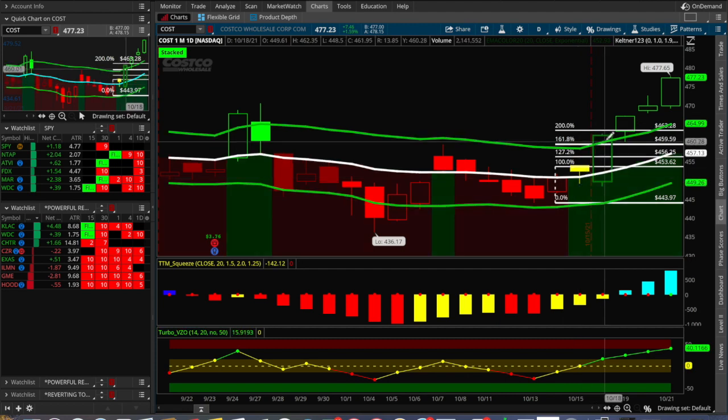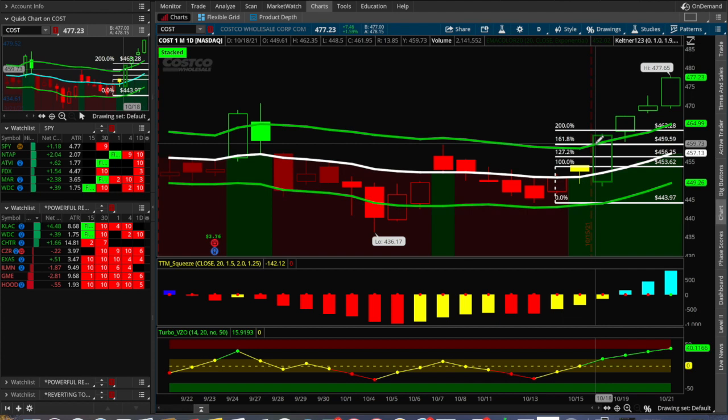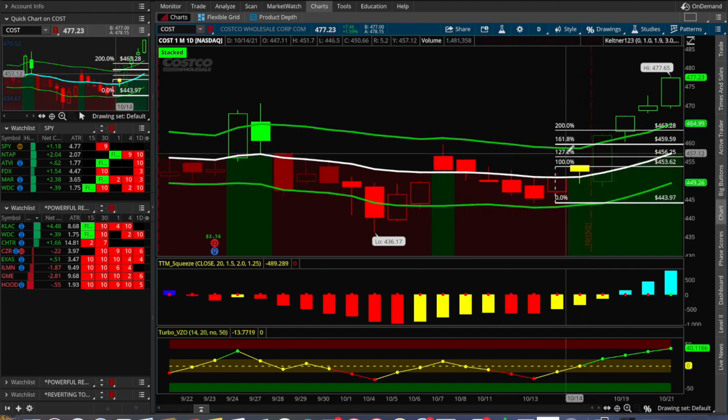So it popped out, almost got to the 200% line. But most of the time, I'm simply looking for a move to the money line. I call it the money line, which is 1 ATR away from the normal ATR. I'm looking for a move there, or I'm at least looking for 1272.